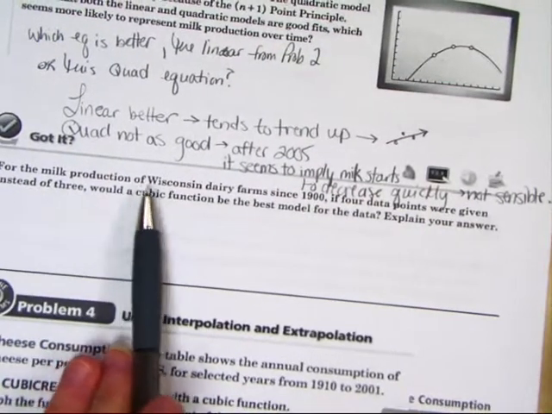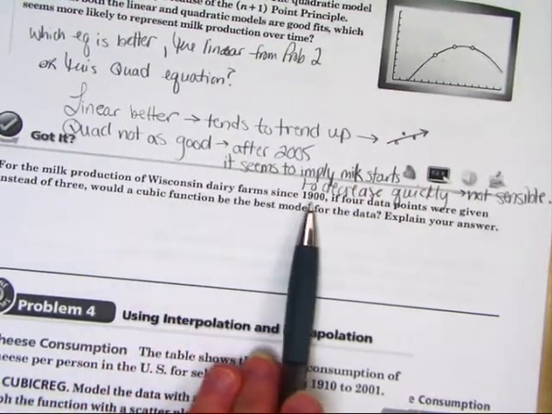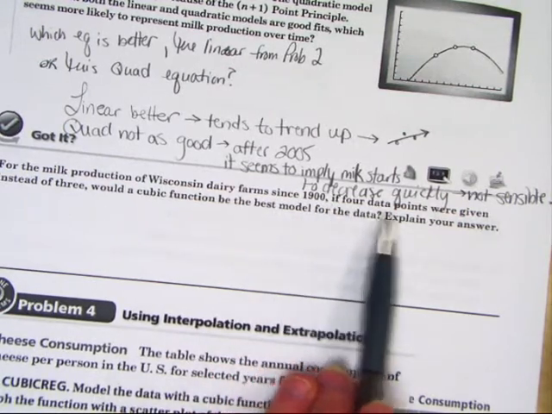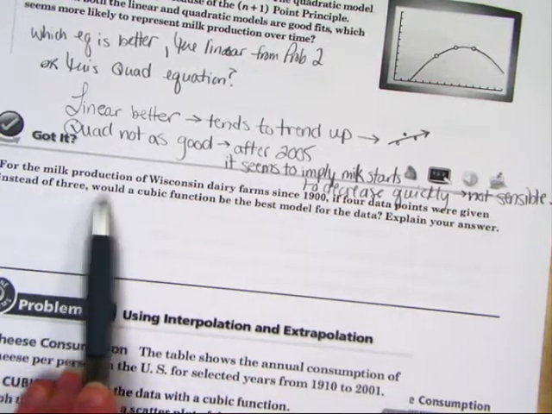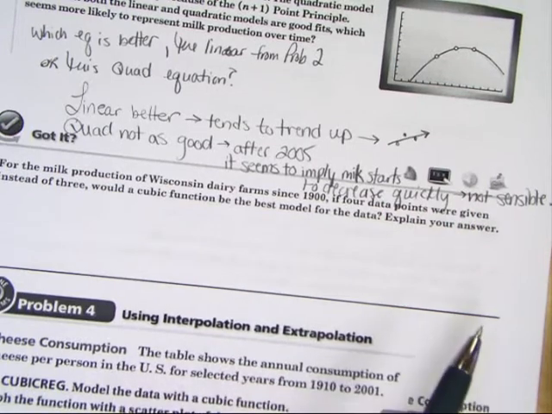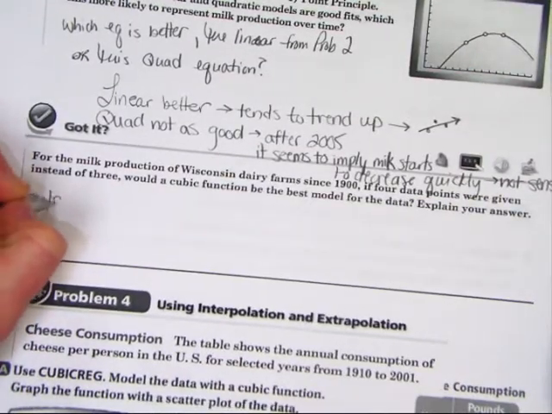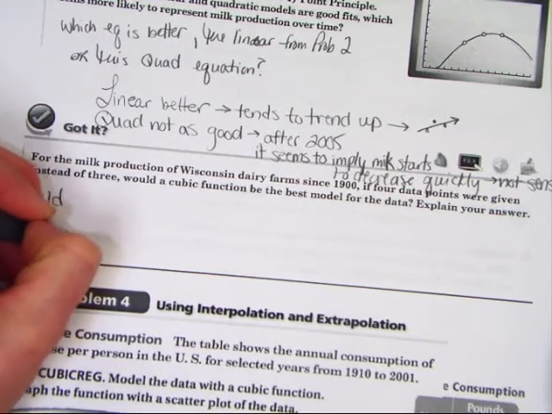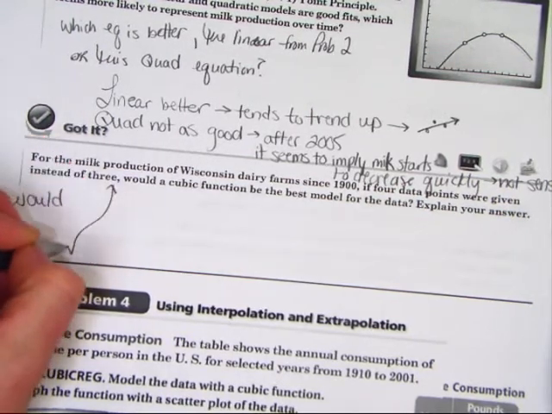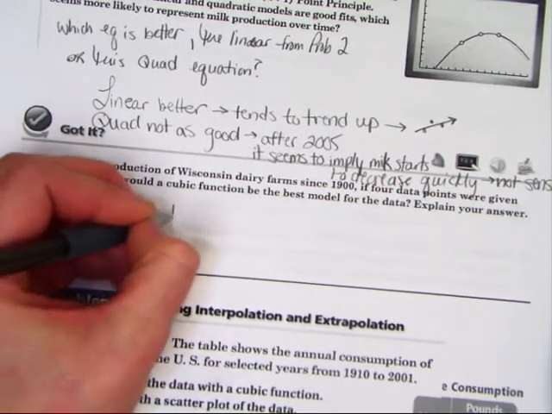Let's look at the next question. For the milk production of the Wisconsin dairy farms since 1900, if 4 data points were given instead of 3, would a cubic function be best? So they're saying, would this graph be better?